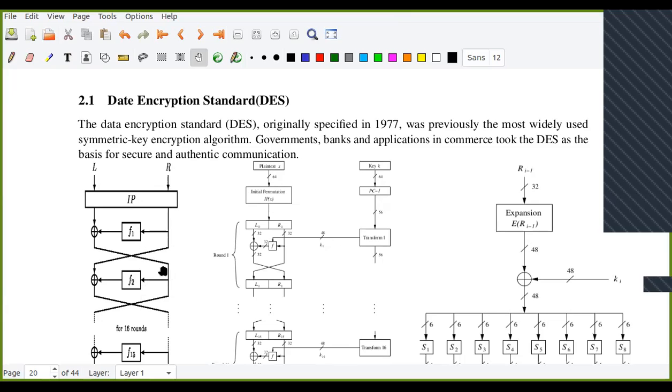The left part XORed with the output of F1, that is this one. So inputs are different, but operations are the same. Again, F2 also will do expansion, XOR and all that. Same thing. If we used a different F each time, it would make it stronger, right? That's what actually.